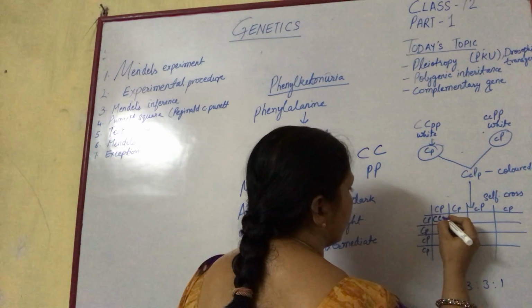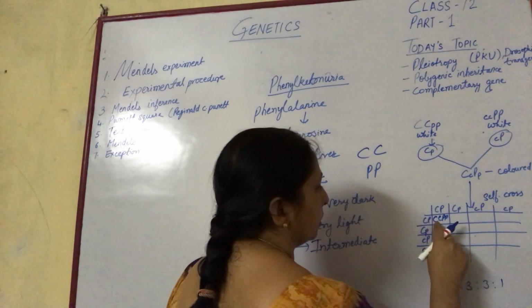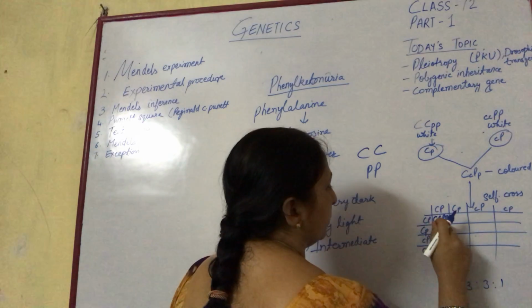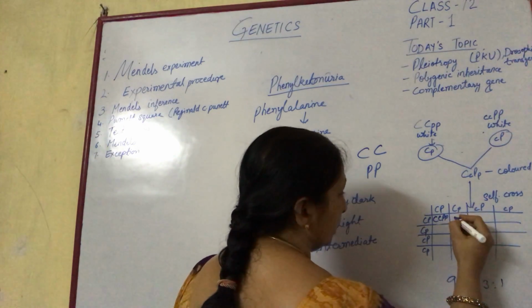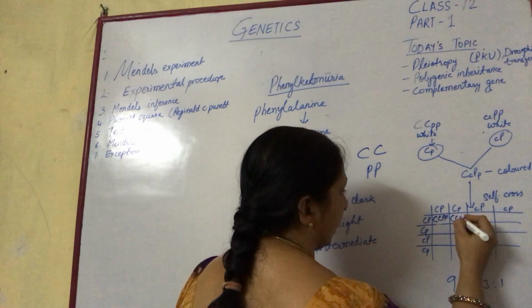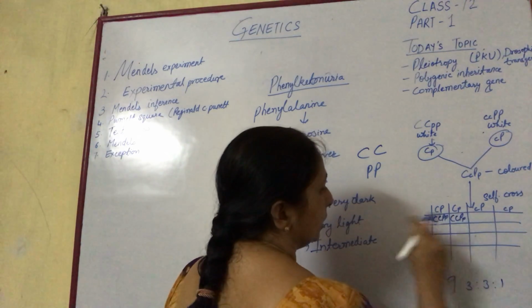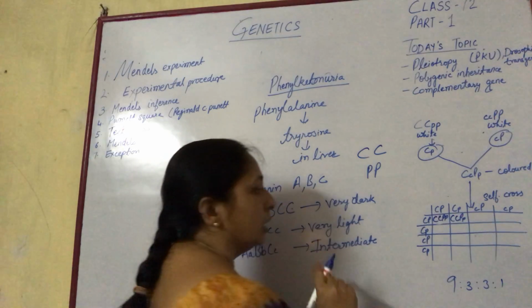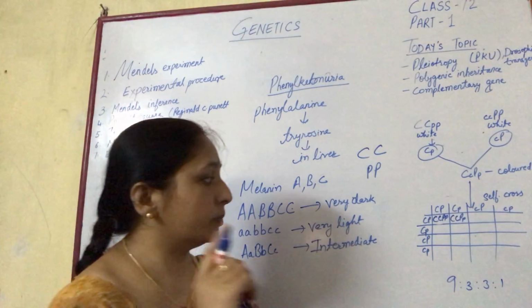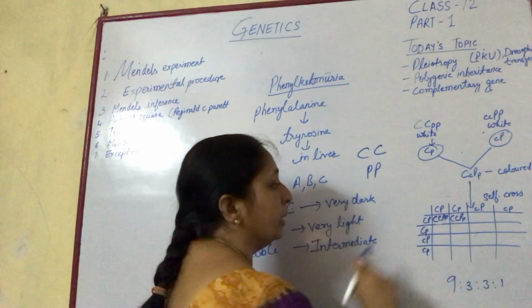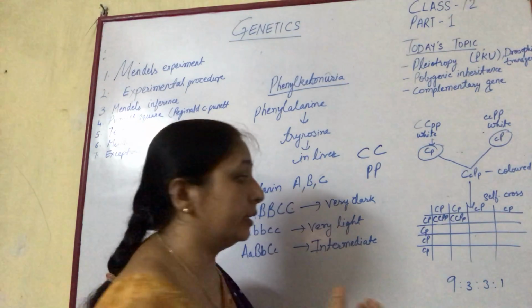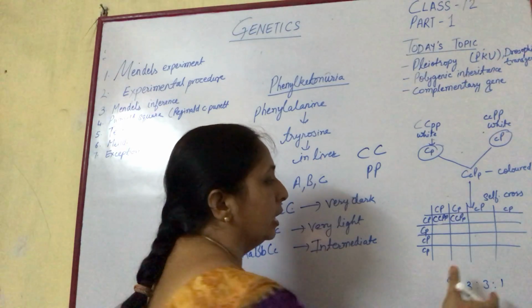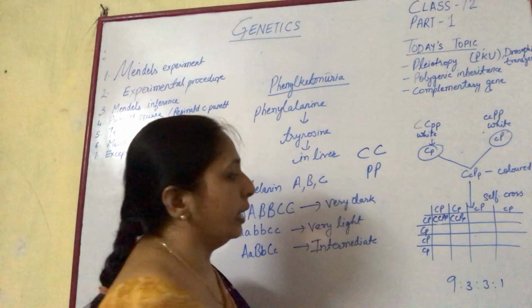Like here, capital C, capital P, the flower color is colored. Here capital C, capital P, small p. The other is a recessive one. So unless these two are present in a capital or dominant form, the flower is white. In this way we can make this Punnett square.